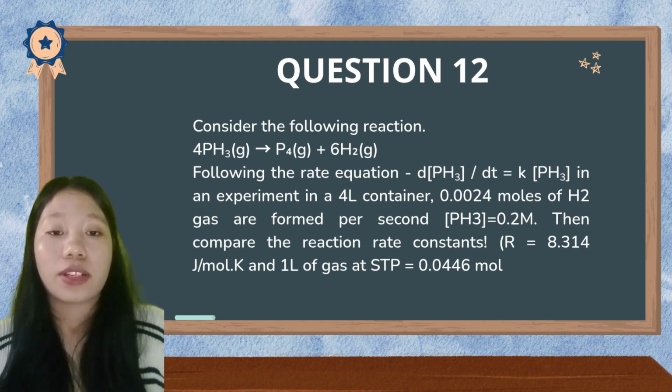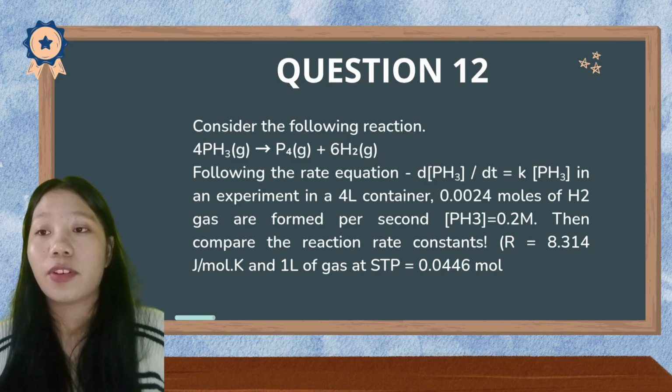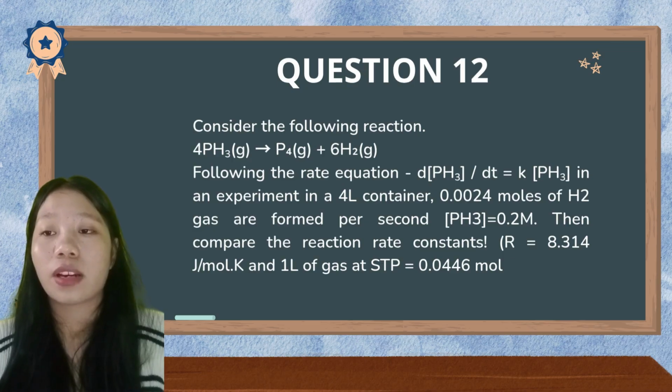Question number 12. Consider the following reaction: PH3 produces P4 plus 6H2. The rate equation is minus d concentration PH3 per dt equals K concentration PH3. In an experiment in a 4-liter container, 0.0024 moles of H2 gas are formed per second.